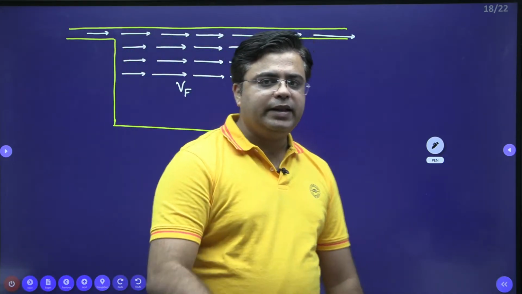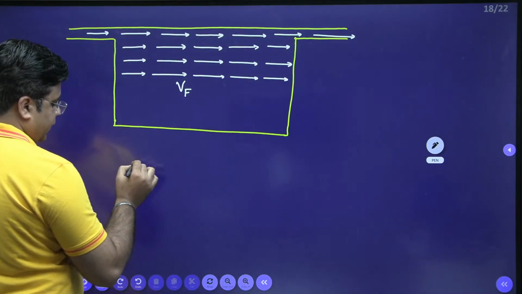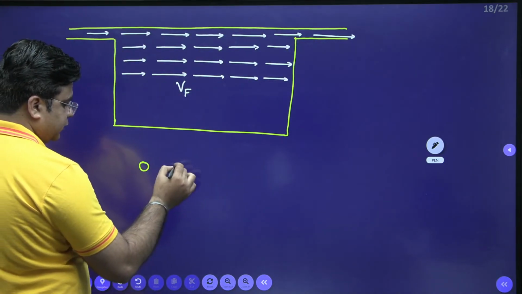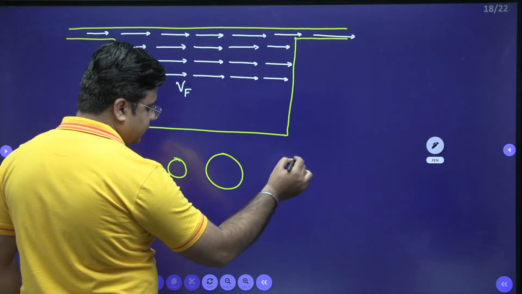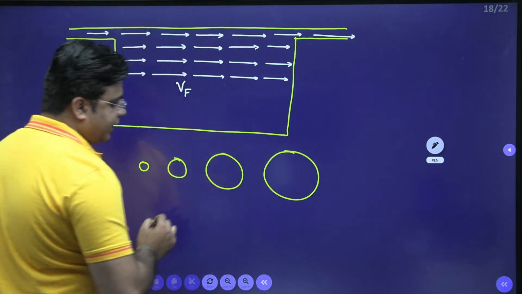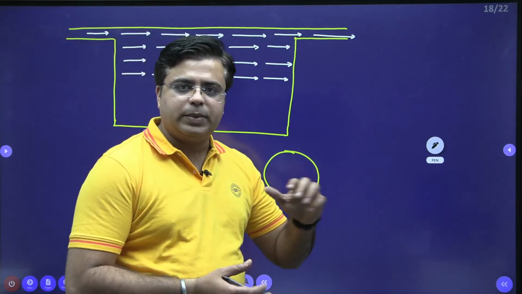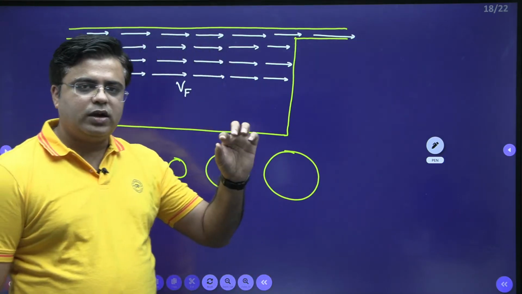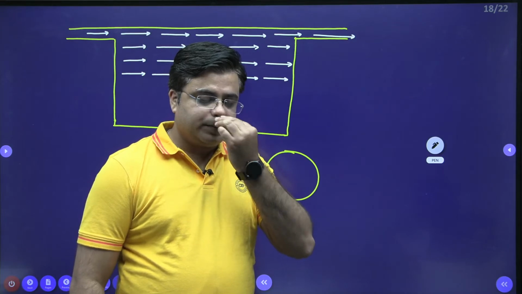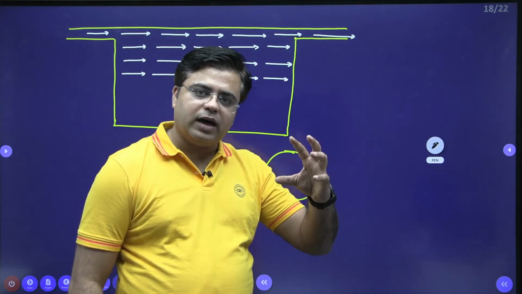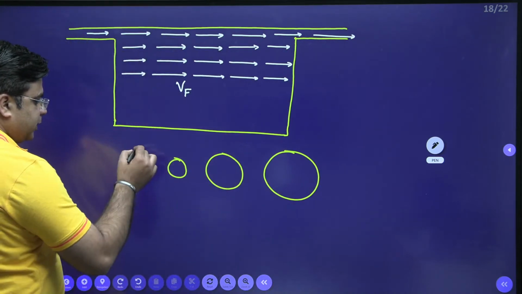Now inside this tank, suspended solids are present of all sizes. Literally, this is not the size of the suspended solids; I have just enlarged the picture. Those suspended solids are tiny particles, but just to give you an idea, suspended solids of all sizes are present inside the tank. The sizes of these suspended solids are different.